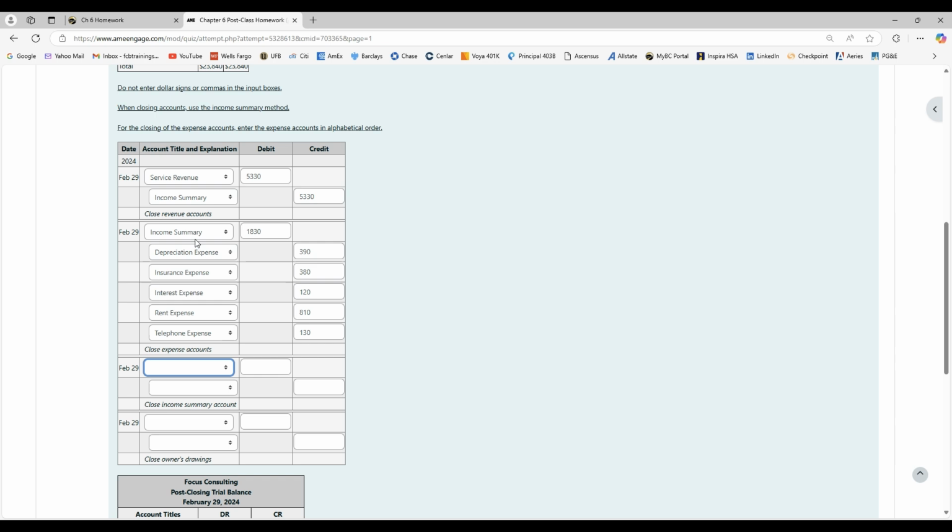Now we want to close the income summary into capital. One way I find handy to do this mechanically, or just to help me remember, is to balance the income summary debits and credits. If we have 5,330 on this side and we have 1,830 here, we need another debit to get this to balance out to the 5,330.